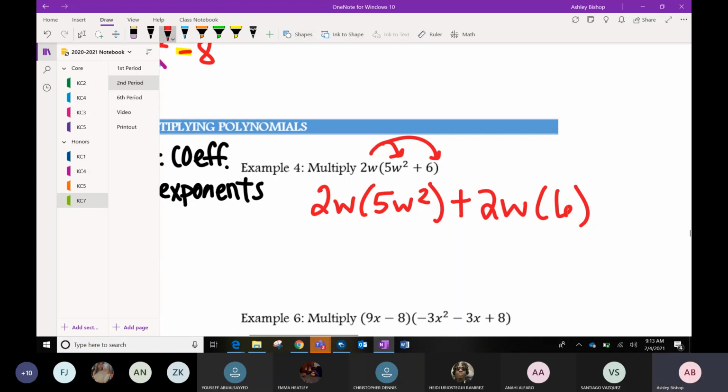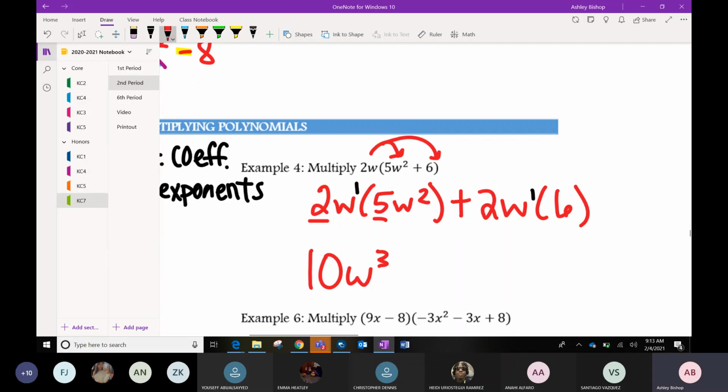Reminder, this w has an exponent of 1, because now I'm going to clean it up. 2w to the first power times 5w squared looks complicated, but multiply the coefficients. 2 times 5 is 10. W, and then w to the first power times w to the second. 1 plus 2 is 3.